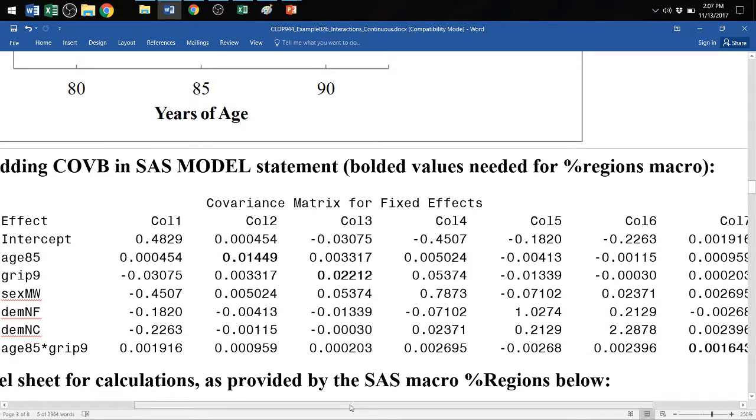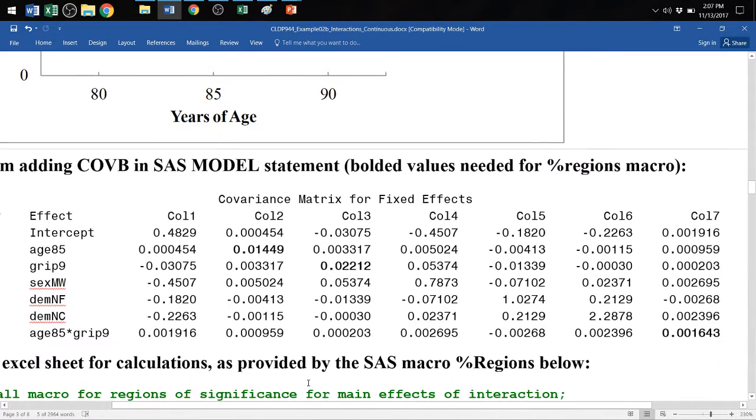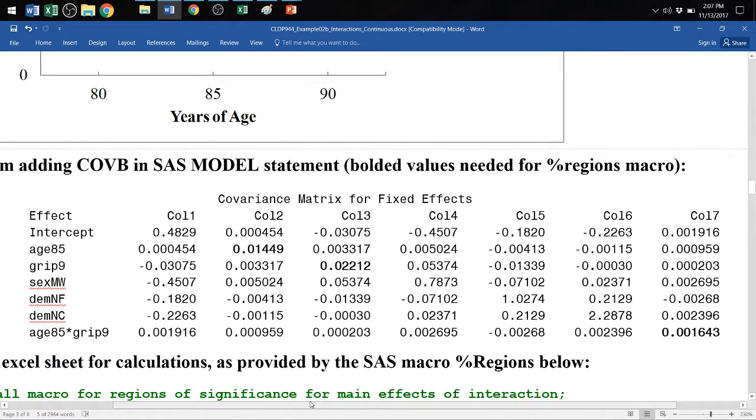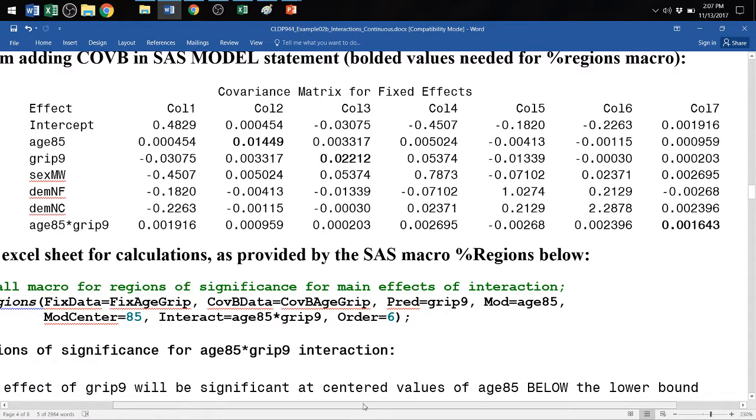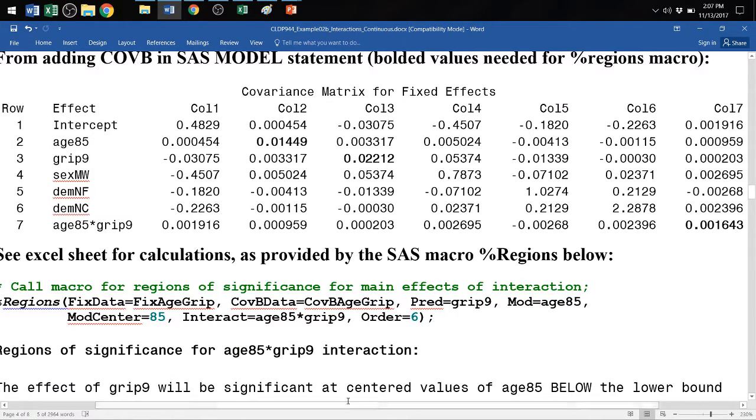So here's my COVB. I have bolded the values in here that you need to plug into either the macro or my Excel sheet, your choice. This is the covariance matrix of the fixed effects. When it's going through the estimation process, it first finds the variance components, and then given those variance components, what the fixed effects should be falls out.